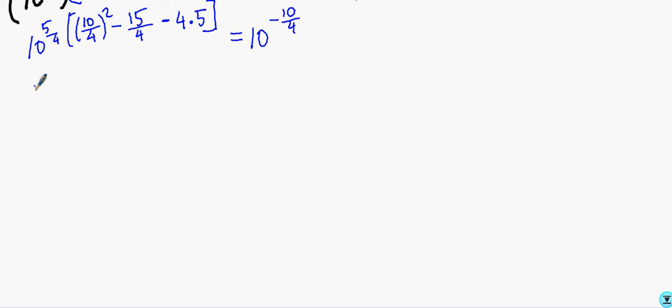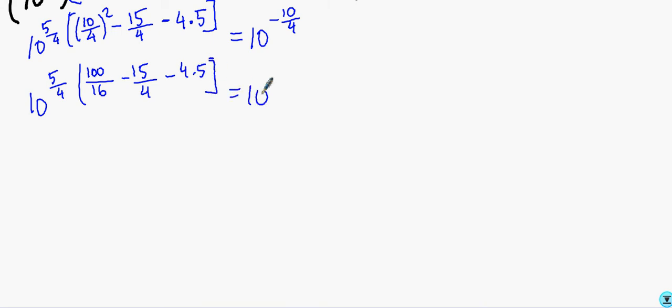So moving forward, we have 10 to the power of 5 fourths times, now we have 100 over 16 minus 15 over 4 minus 4.5, that should equal 10 to the negative 5 over 2. So 10 to the 5 over 4.